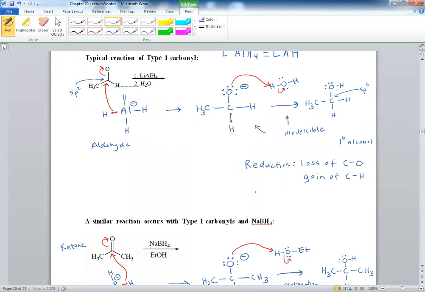An oxidation would be the opposite. Of course, not only confined to oxygen, but you would have also, let's say, halogens as well, or even nitrogen. But that's why it's called a reduction.